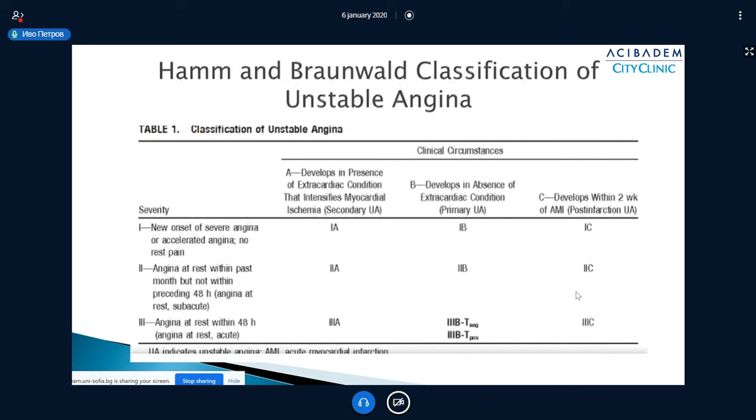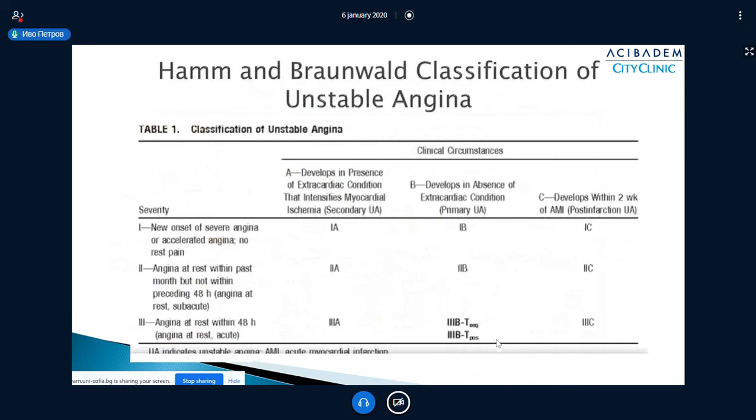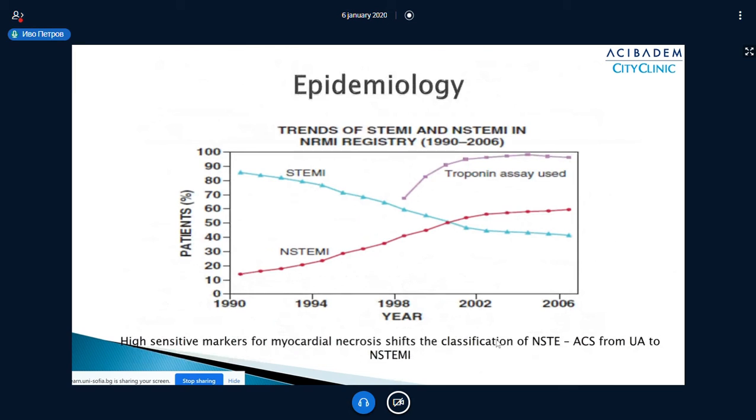In this situation, we are going to have patients at high risk, with high probability of going from a simple unstable angina, like shown here, to a non-STEMI or STEMI patient. And of course, this kind of patient has to be sent to coronary angio and revascularization.